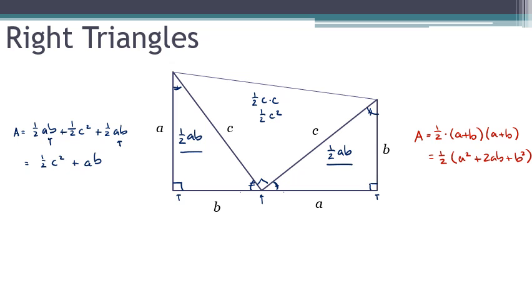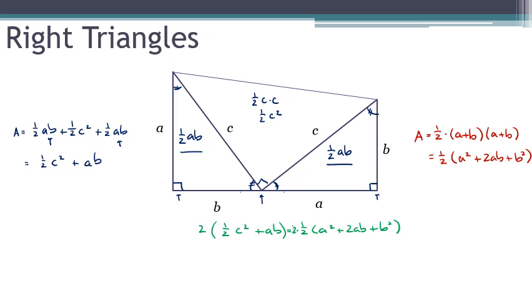All right, so let's write that: 1/2 C squared plus AB equals 1/2 (A squared plus 2AB plus B squared). Now let's get rid of the fractions. Let's multiply both sides by 2.